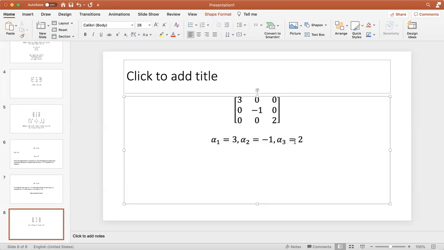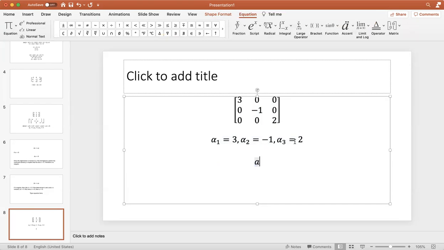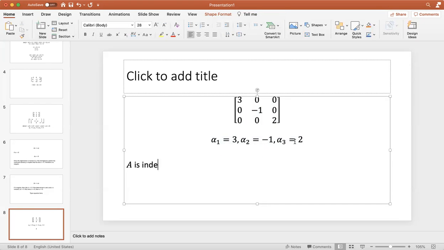Therefore, A is indefinite. So any candidate solution in multivariable optimization, as we will discuss later on, that is associated with this indefinite matrix will be a saddle point.